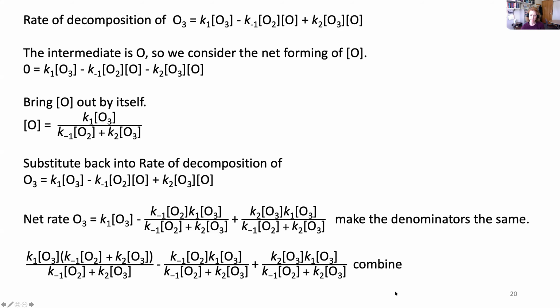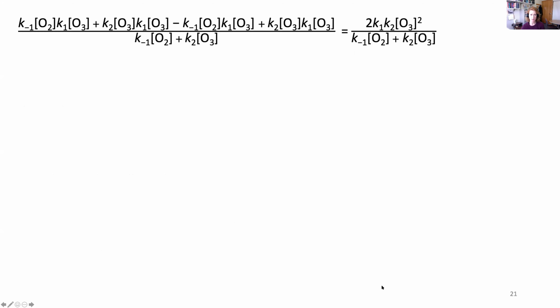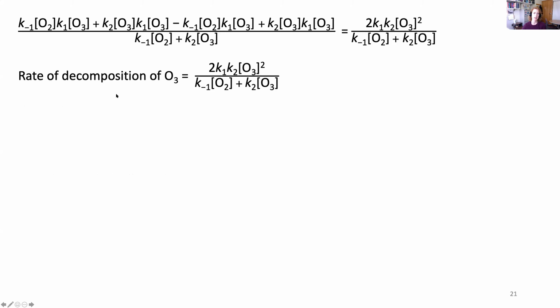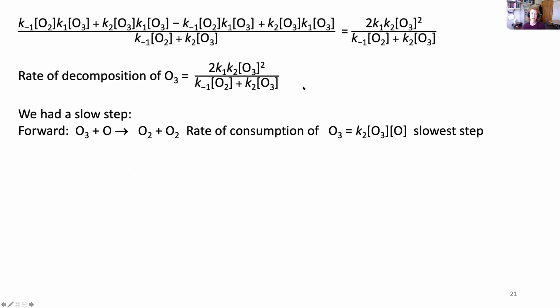So then I'm going to take all of that, combine that together, give my denominators, add everything on top, and I end up with 2k1k2[O3]^2 divided by k-1[O2] plus k2[O3]. So this is my rate of decomposition here. So my rate law depends on what my slow step is.